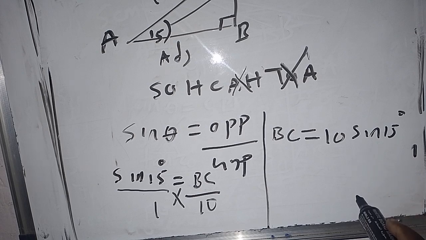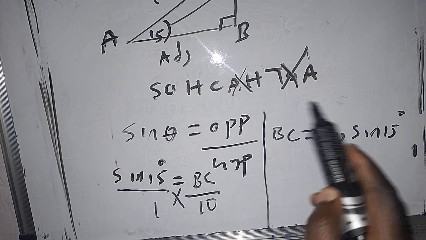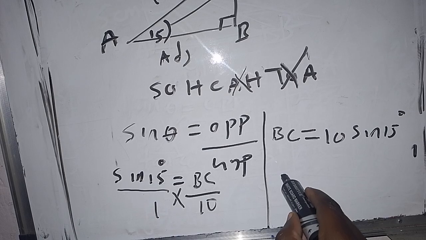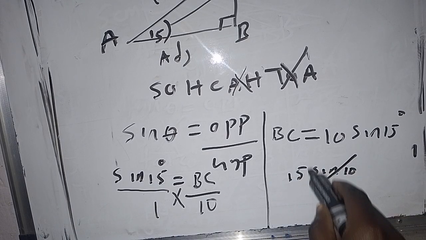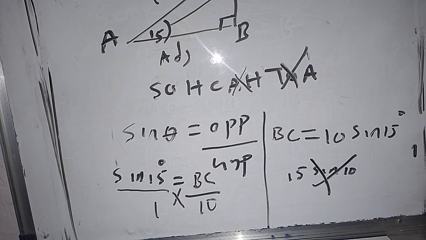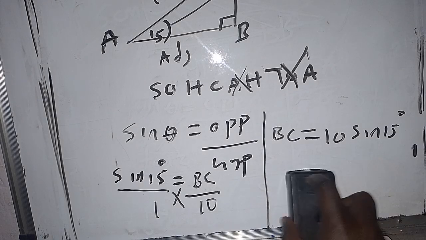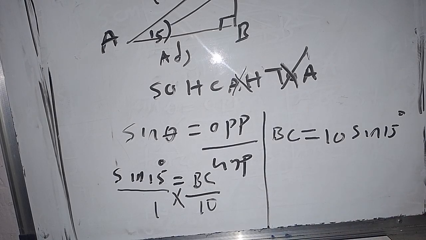Okay, you have to take note that this 15 can't go behind, like maybe 15, then sine 10. This is long. It is going to give you a long answer. Okay, now from there, it is the matter of using a calculator.